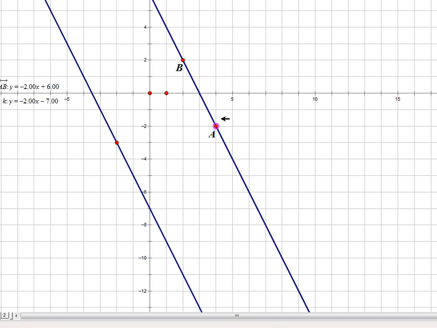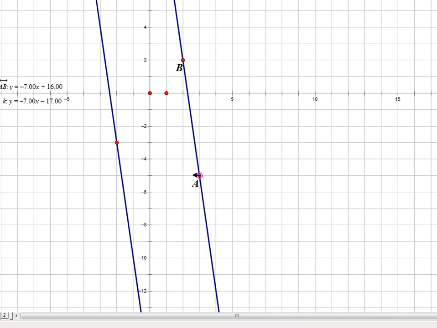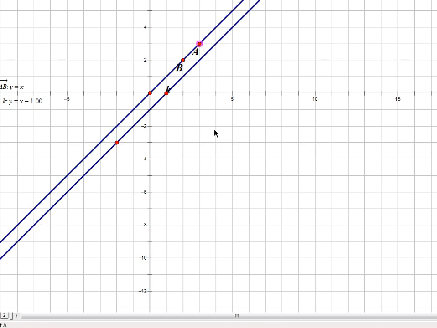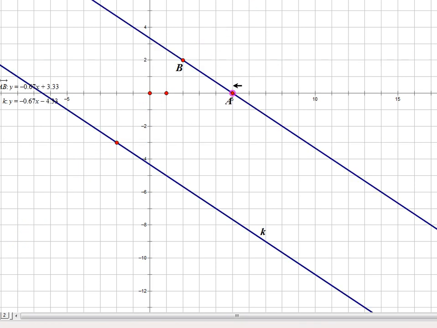If I do it again, I'll move this around to here, and now my equations are y equals negative 7x plus 16, and y equals negative 7x minus 17. And if I do it one more time, to here, I get y equals x, and y equals x minus 1. What do you notice is happening each time with these equations and these lines?